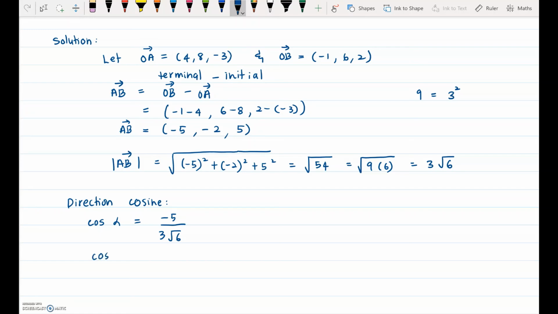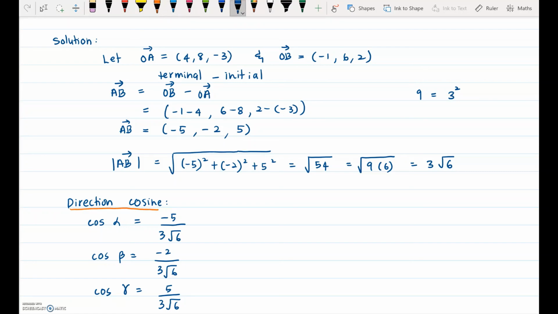Then cos beta uses y, which is negative 2 over 3 square root 6. And lastly, cos gamma equals 5 over 3 square root 6. So this is for the direction cosines.